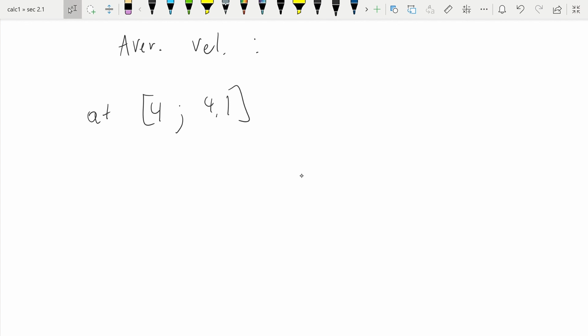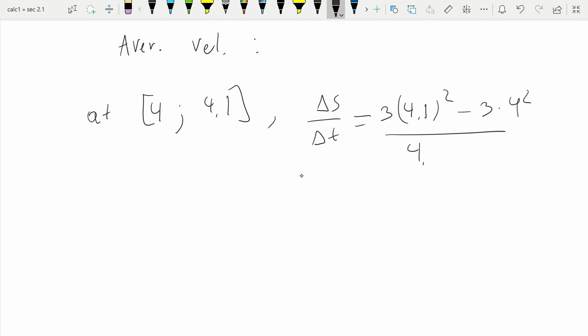Okay. Delta s over delta t will be equal to, if we do the same thing as before, 3 times 4.1 squared minus 3 times 4 squared, all that divided by 4.1 minus 4.